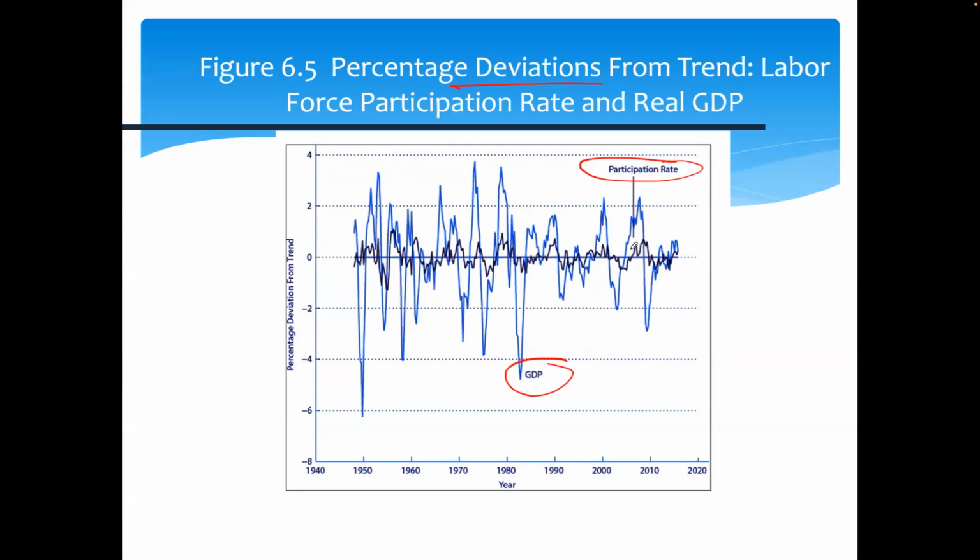Interestingly, the participation rate co-moves with GDP, meaning when GDP rises, participation rises. When GDP falls, participation falls. This is opposite to the unemployment rate. Remember, the unemployment rate rises when GDP falls, and falls when GDP rises. So this is a little bit different.